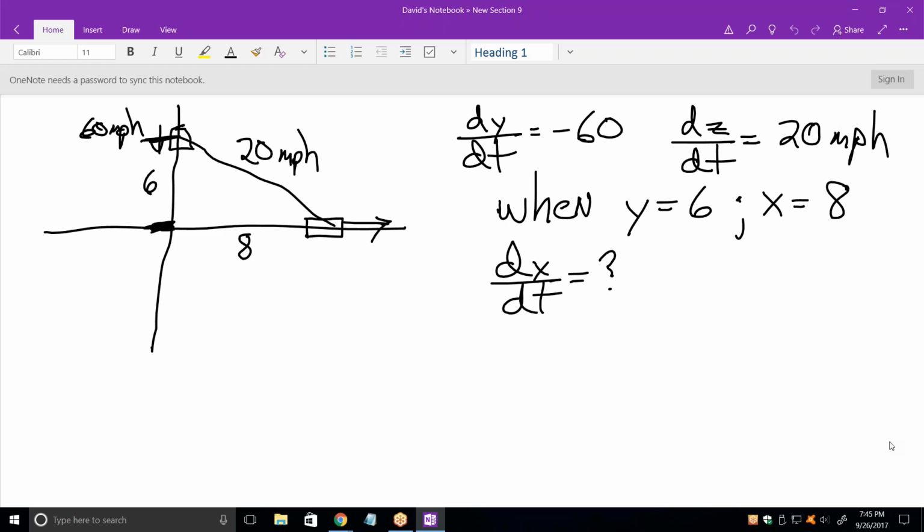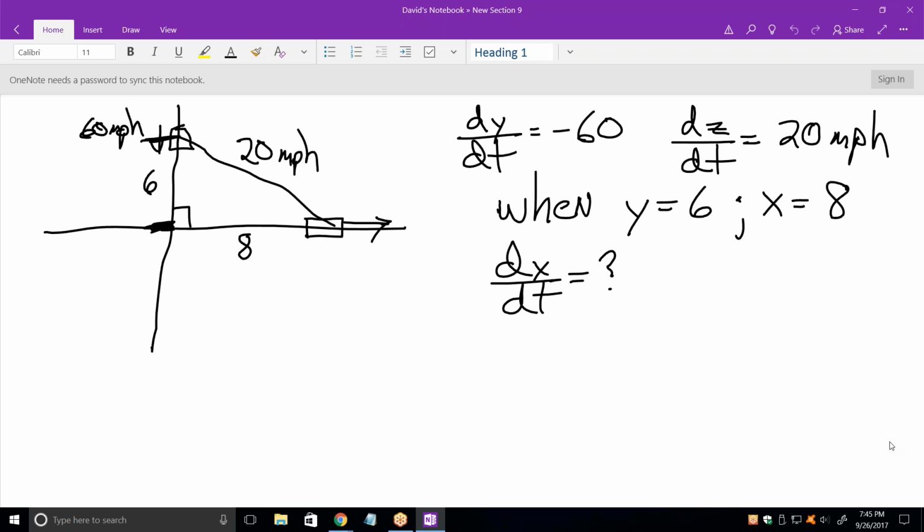Okay? Now, let's set up a master equation that fits this model. It's a right triangle. What's the master equation? Now, here we have a variable. In our ladder problem, the ladder was 5 feet in length. But that's it. It didn't change length as it fell. It always was 5 feet.